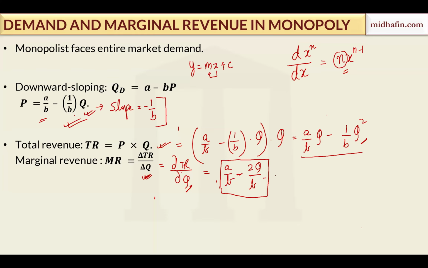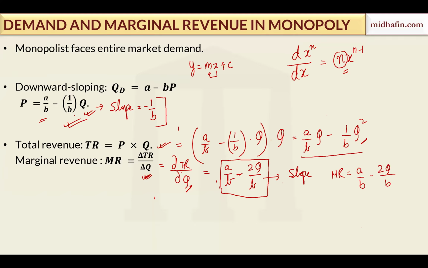Can you tell me what is the slope for this line? For marginal revenue? So marginal revenue becomes equal to, again, I'm writing this once again, A by b minus 2q by b.